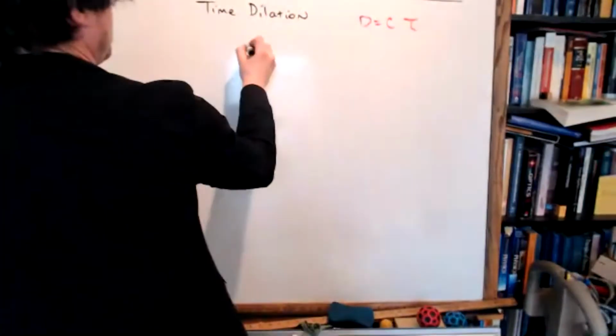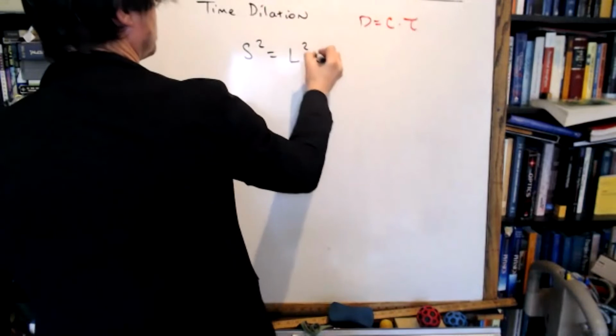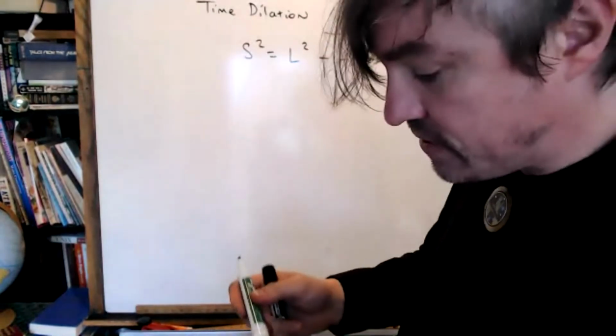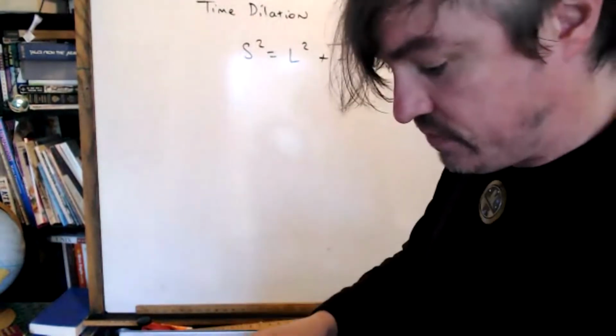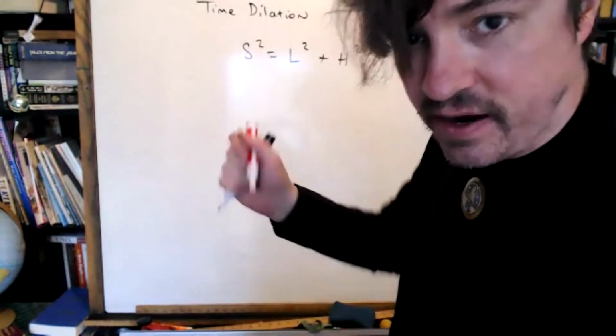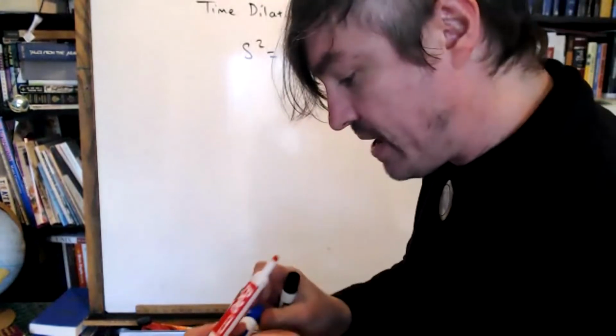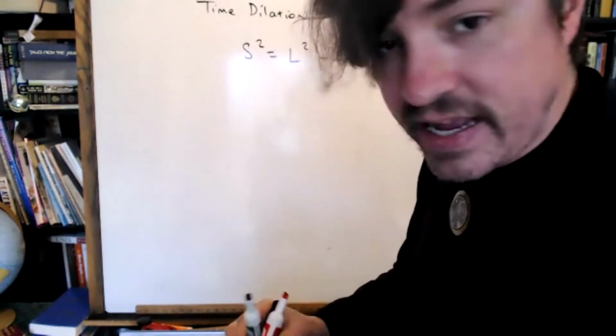So we had S squared equals L squared plus H squared. And now what I'm going to do as quickly as I can with as many colors as I can, I'm going to substitute all of those distance equals rate times time equations in there. And I'm going to distribute my square, unlike my college student friends who forget to do these things. Watch my moves here.